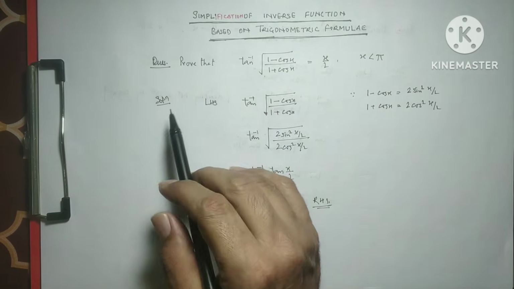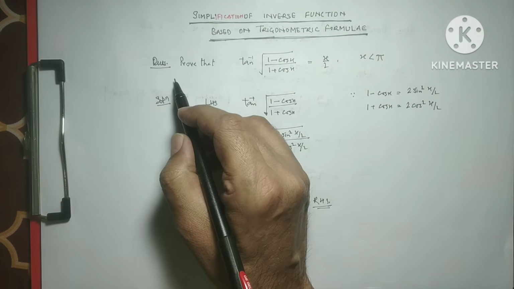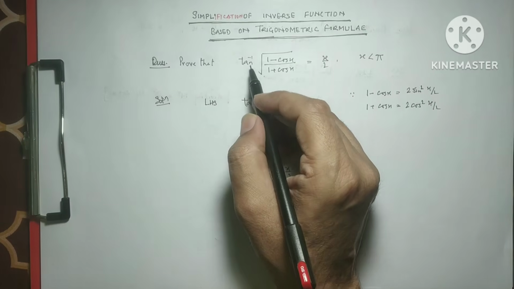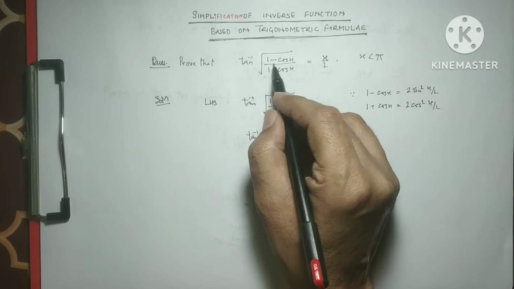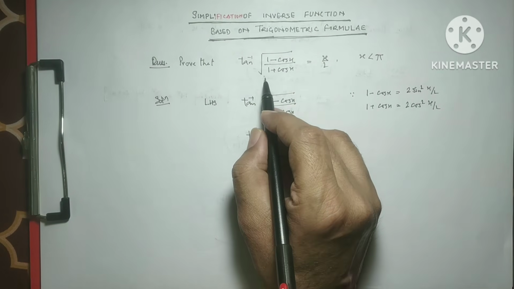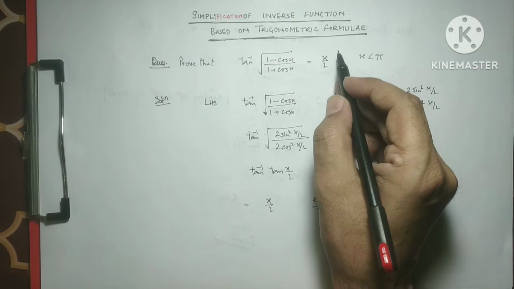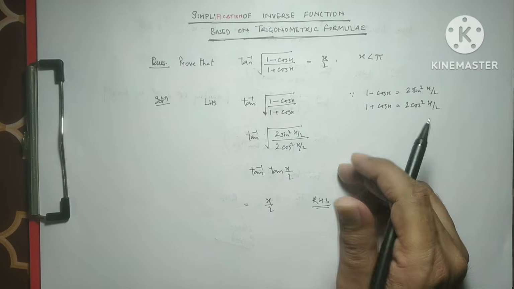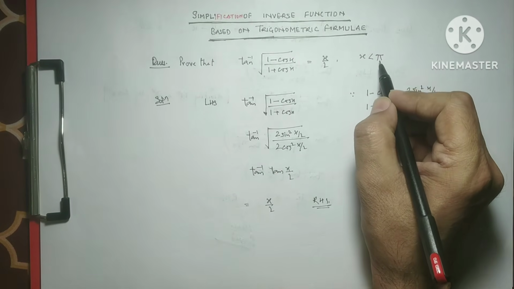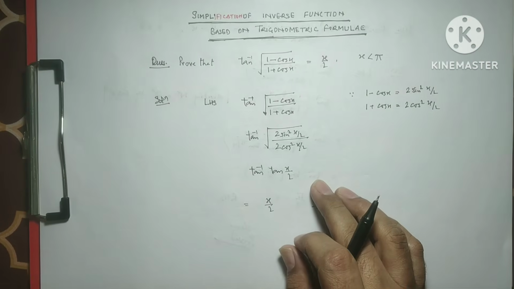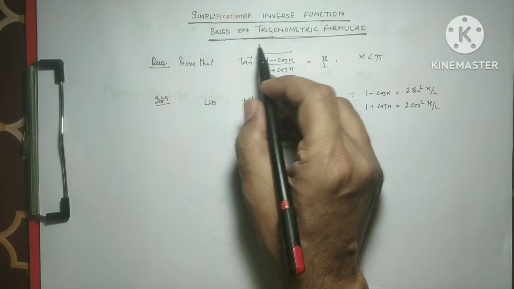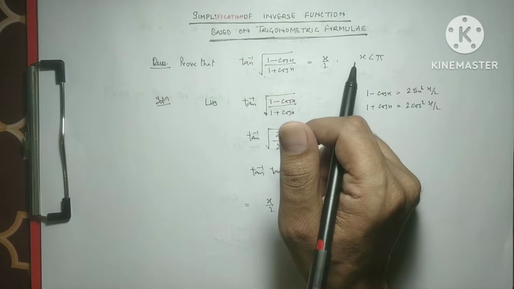So right now we are taking this question. Prove that tan inverse of under root of (1 minus cos x) over (1 plus cos x) equals x by 2, for x less than pi. So how will you solve this?